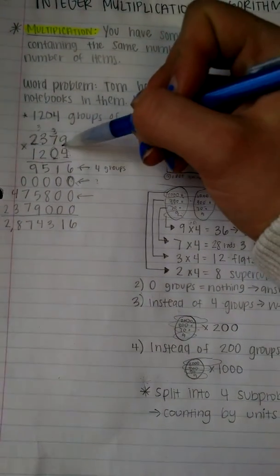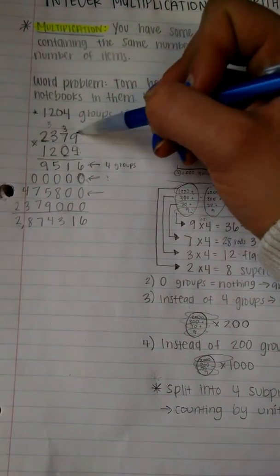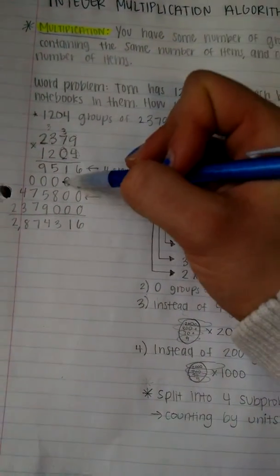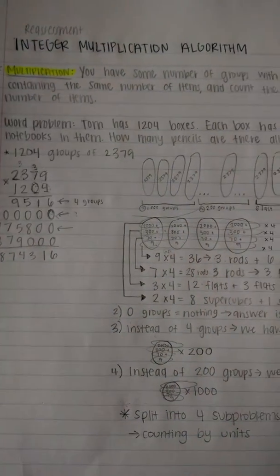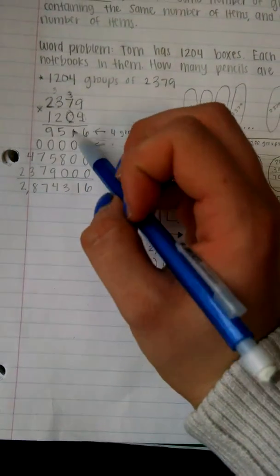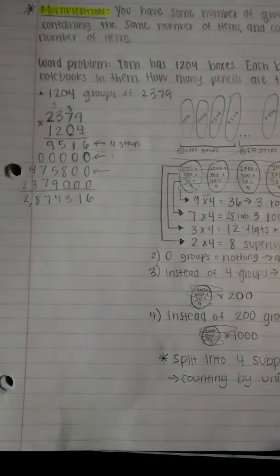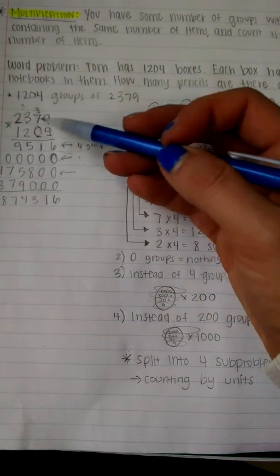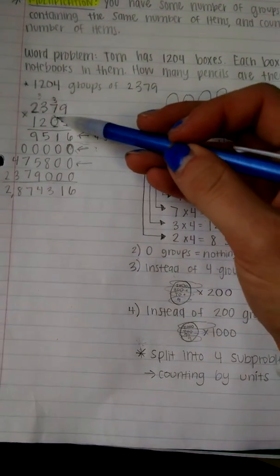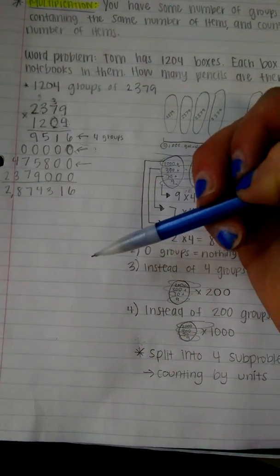If you multiply 0 times 9, 0 times 7, 0 times 3, and 0 times 2, that would give you 0, 0, 0, 0. That is why we get zeros for this column: we have no groups at all of the tens place.